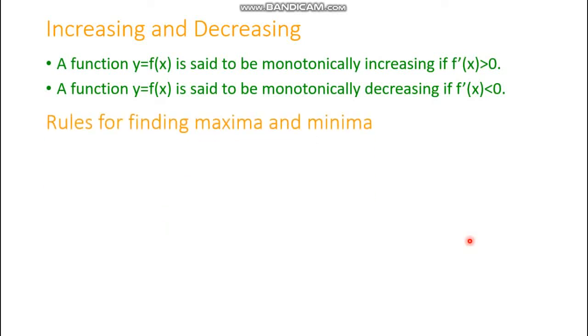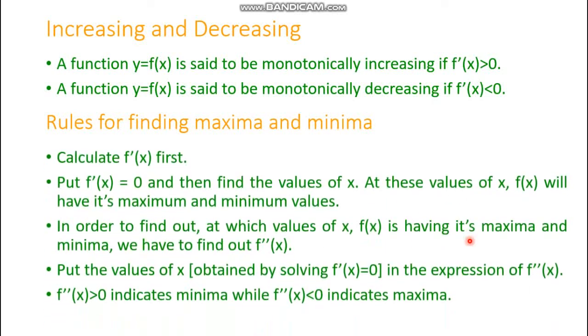So how would you find the maxima and minima? Here are some rules. First of all, we have to find the differentiation of f(x) with respect to x, that means dy/dx or f dash x. Then we equate that value with 0 and solve to find the value of x. Now put that value of x into f(x), and that f(x) would definitely have either a maximum or a minimum value.